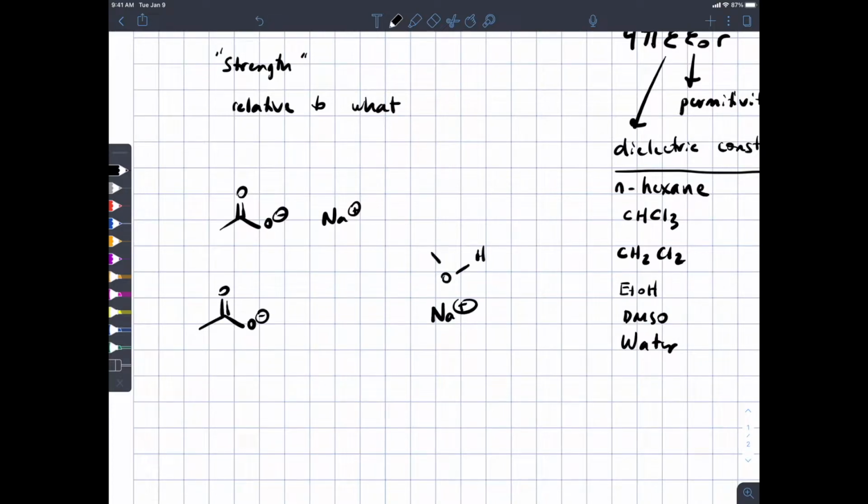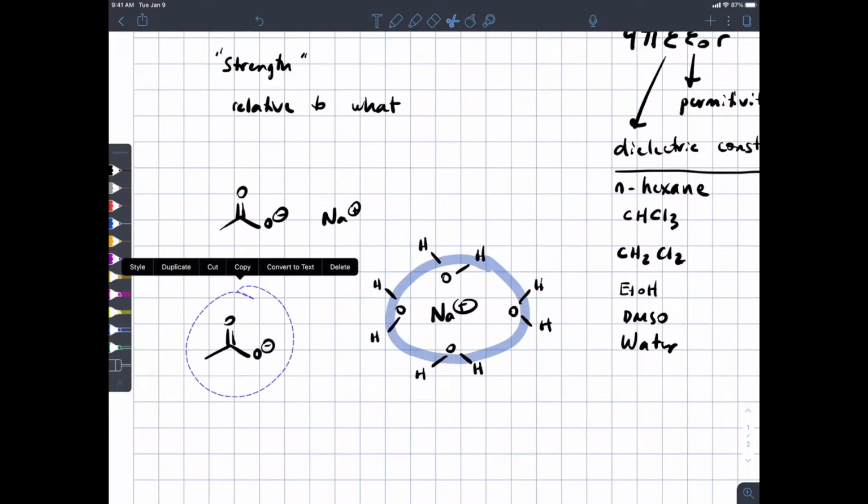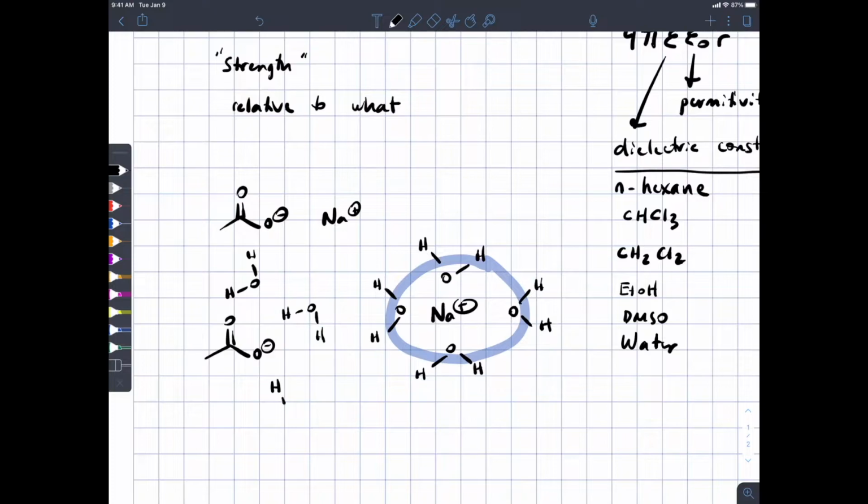In the case of the cation, you would have the sort of electron-rich part of the water molecule oriented towards the cation, and this would be surrounding the molecule in 3 dimensions. And then in the case of the acetate anion, you would have water molecules orienting themselves so that the electron-poor part of the water molecule is near the acetate ion, and so on.